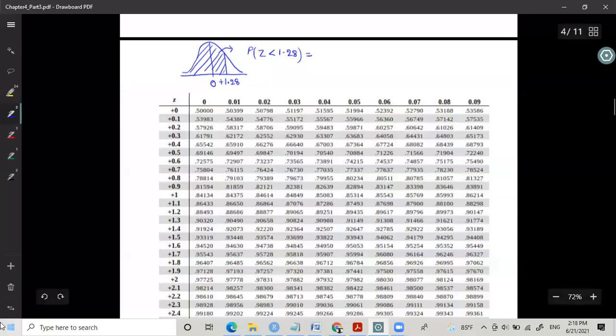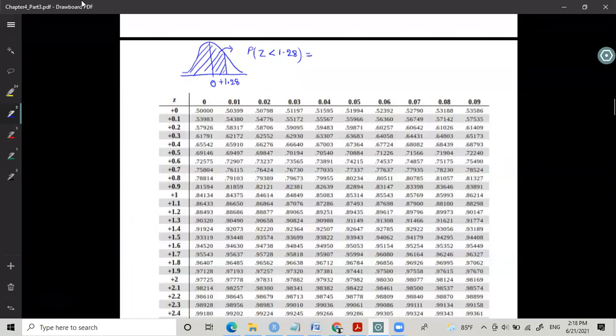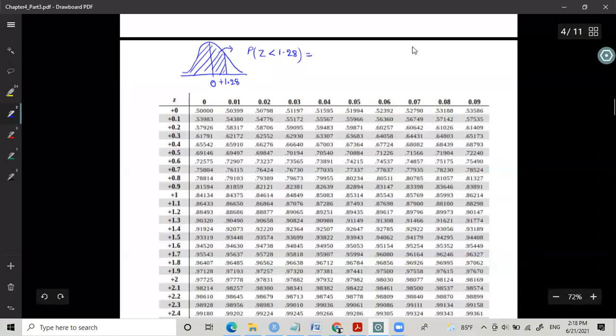Yes, what is the value? Okay, so 1.2 is here. See, 1.2.